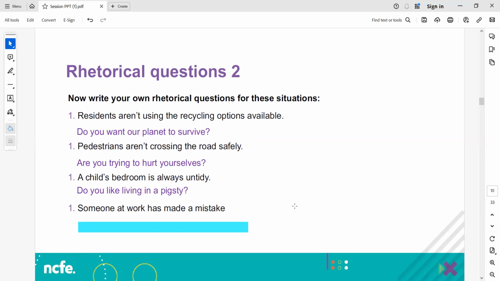Someone at work has made a mistake. So hopefully they would be treated with kindness and shown how not to make the mistake in future. But if someone was feeling angry at them because they'd made a mistake, what might they say to them?